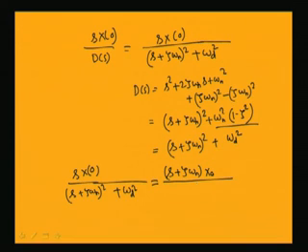So, this becomes this, and minus zeta omega n x0 by s plus zeta omega n whole square plus omega d whole square. So, it contains two parts. The first part is s plus zeta omega n into x0 by s plus zeta omega n whole square plus omega d square, and the second term is minus zeta omega n x0 by s plus zeta omega n whole square plus omega d square.